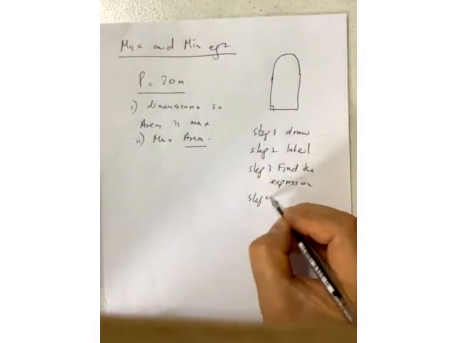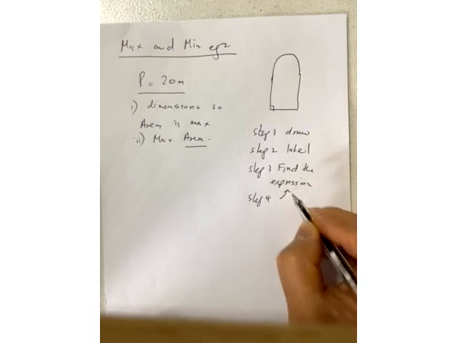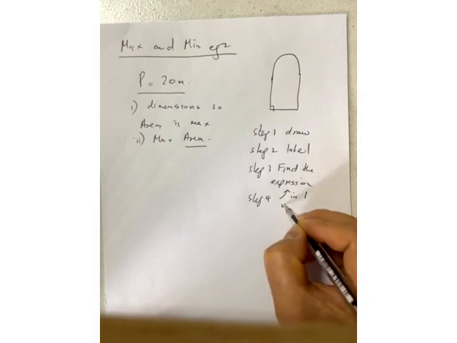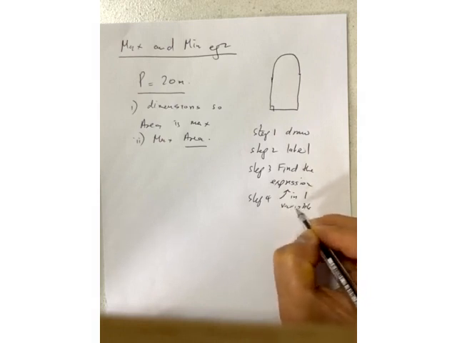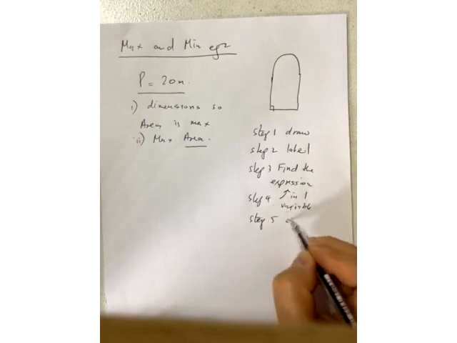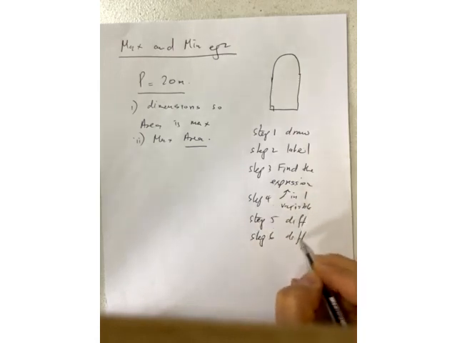Step 4, you express this expression in terms of one variable and one variable alone, so that you can differentiate it, which is step 5, you differentiate it. And then step 6, you differentiate again.